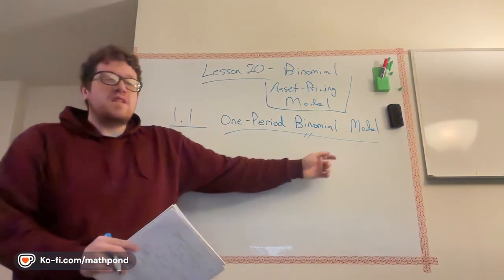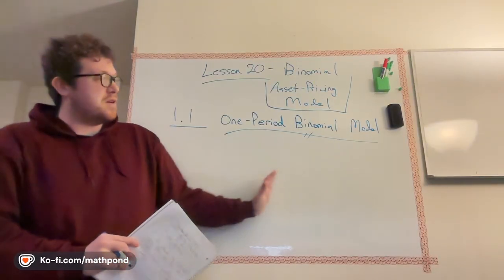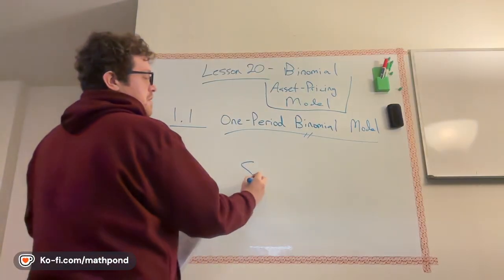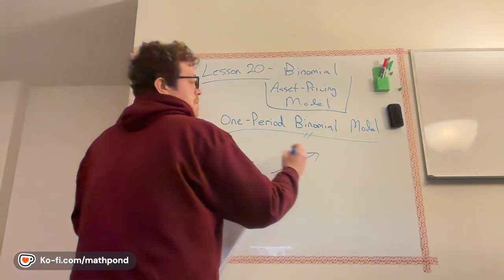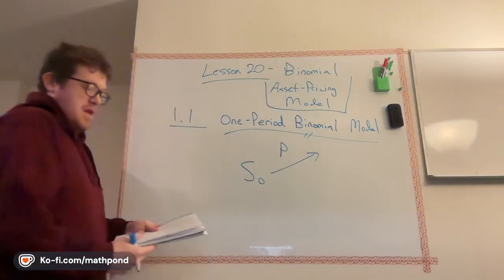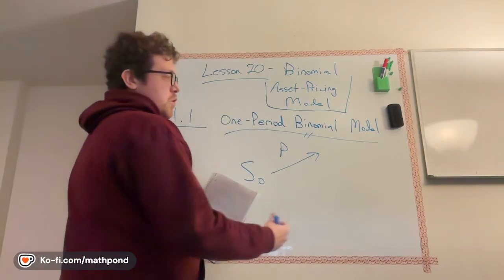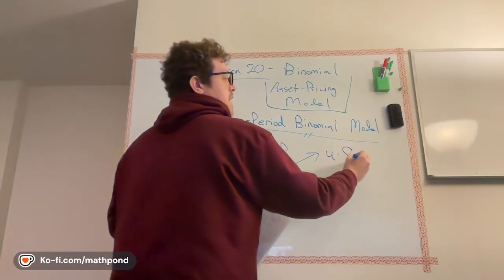So binomial means that there's only two options, essentially, for each period of change. You're basically modeling your stock as some initial price S naught, and it has some probability p that the price will increase by some u amount in proportion. So it'll be u times S naught.